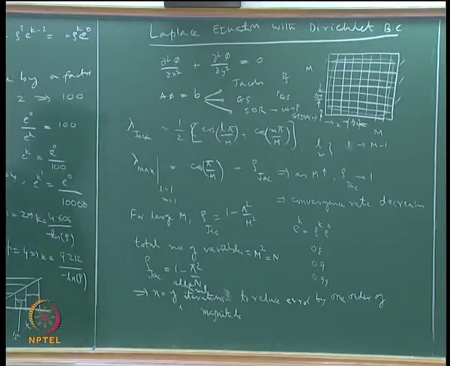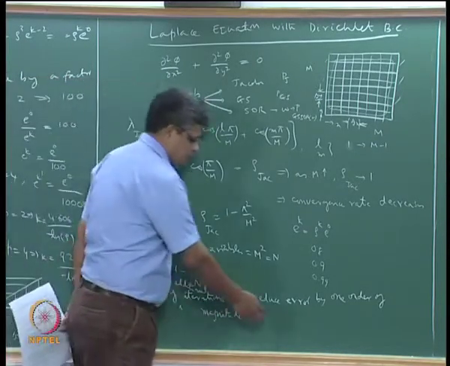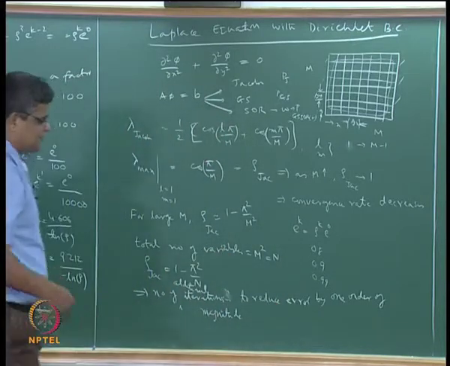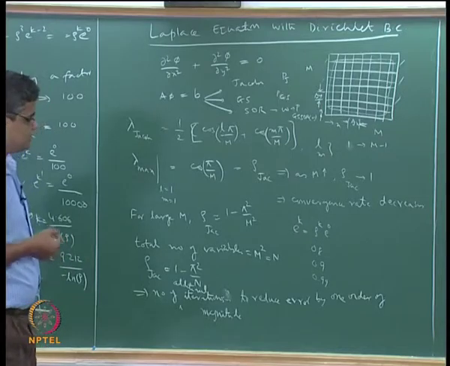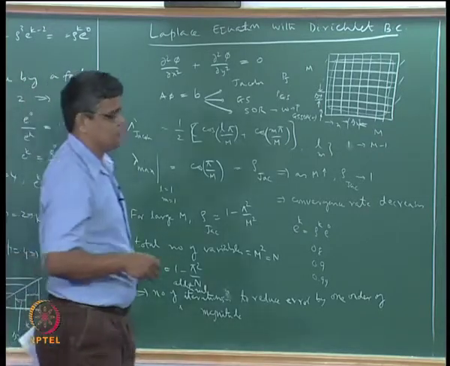Okay, we should point out here that although we are talking about the error here, essentially we are talking about the residual, which is probably the better way of describing this, because error is not known, but residual is something that can be computed.